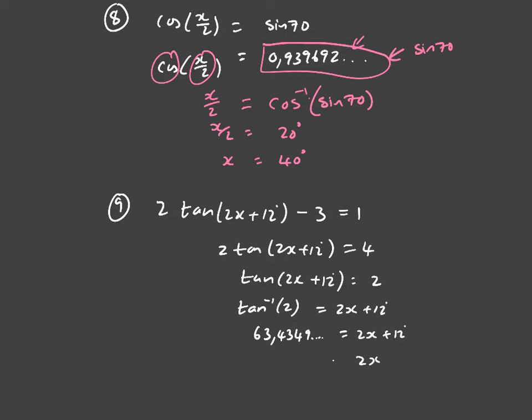You minus 12 on both sides, and that is equal to 51.43494. And now divide both sides by 2, and you're going to get finally 25.71747. Yes, see, look at that beautiful number. So that's 25.72 degrees.